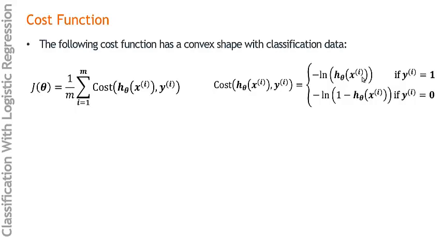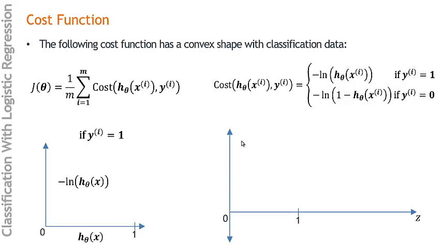So if your model predicts 0 with certainty and the actual value is 1, that's giving you completely wrong information. So it's good for you to have a large penalty. Now let's look at intermediate cases. Remember that the value of h theta is between 0 and 1. If you remember the behavior of logarithm between 0 and 1, the logarithm is increasing, the negative logarithm is decreasing.